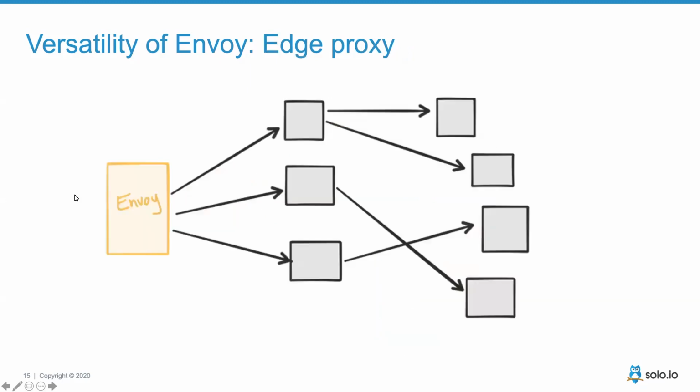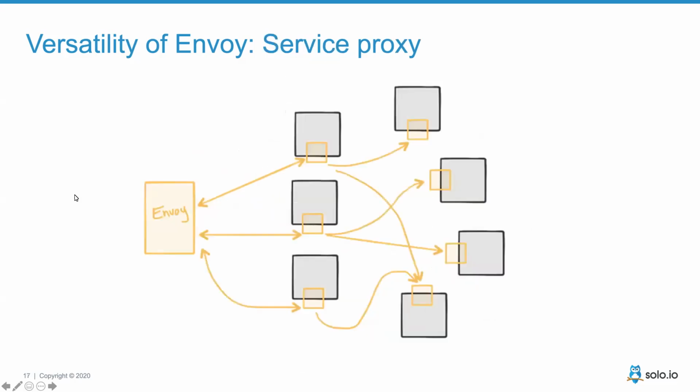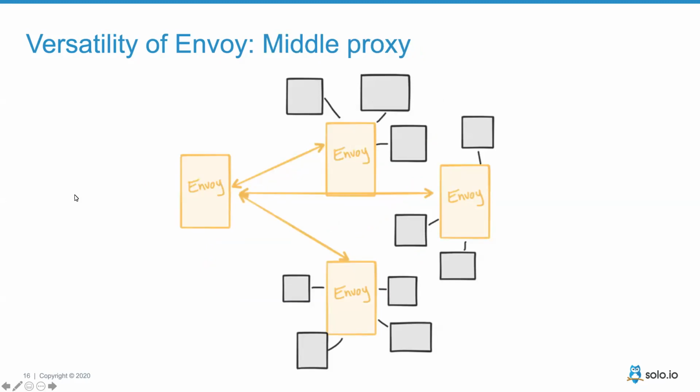And we also see the edge case as traffic comes into a set of services. So Envoy is very versatile, and starts to form the foundation for a solution that encompasses what people are trying to do with their application traffic. The service mesh case uses Envoy, and the gateway case also uses Envoy.